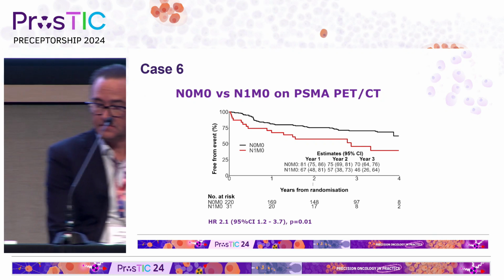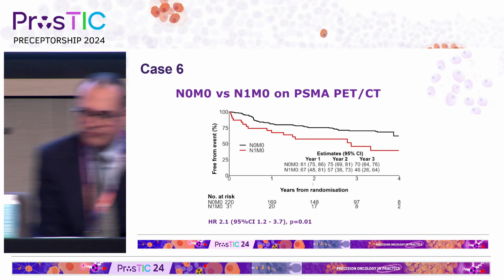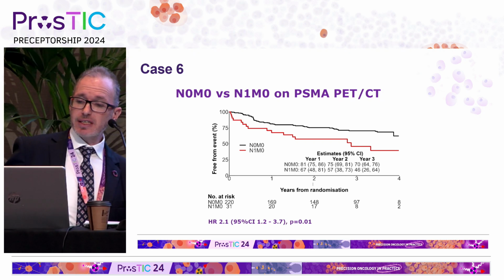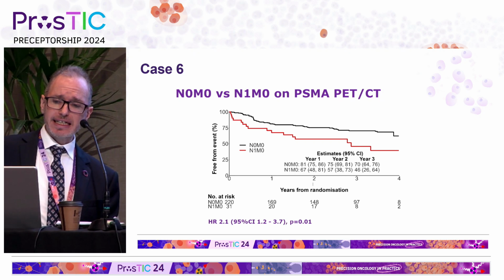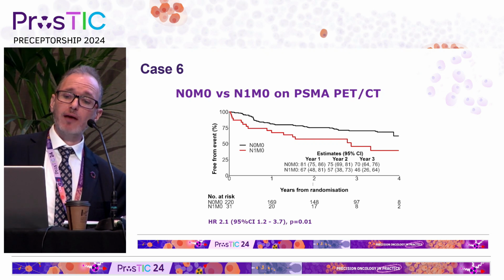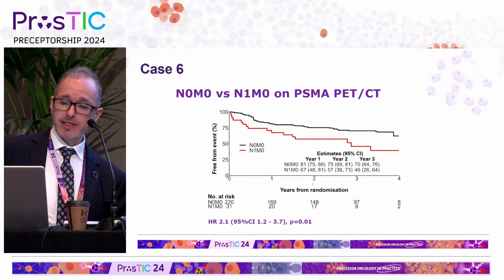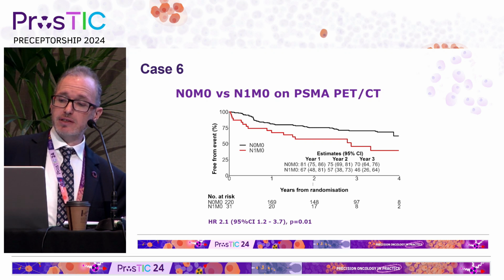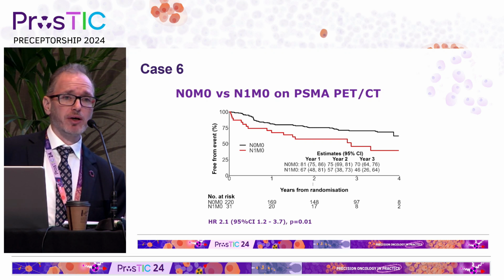Yeah, just highlighting that data from the PRO-PSMA trial, which hasn't actually been published yet, but I think it's under peer review. Just looking at the 3 to 4 year follow-up of the patients with N1 versus N0 disease, at 3 years, 75% of patients who were N0 on a PSMA PET were free of any event, of any recurrence, versus 46% if you were N1 positive on a PSMA PET.